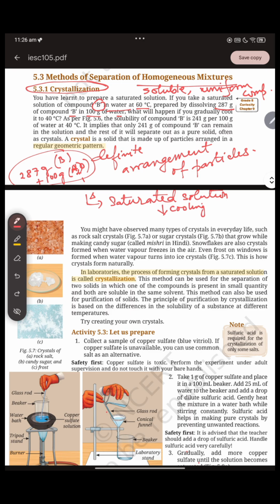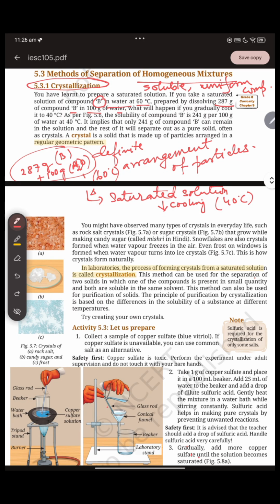So here the temperature is kept at 60 degrees Celsius. It is being cooled to 40 degrees Celsius. I will say gradually, gradual cooling. It has been cooled to 40 degrees Celsius.